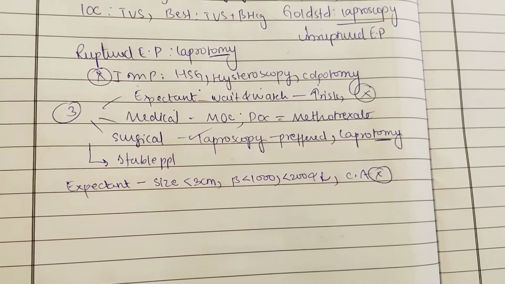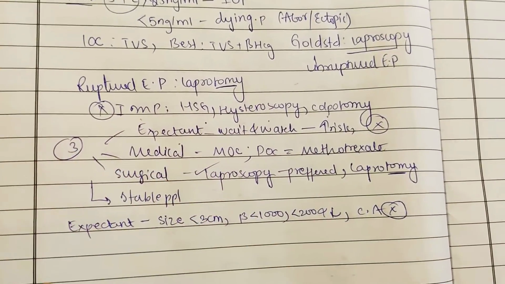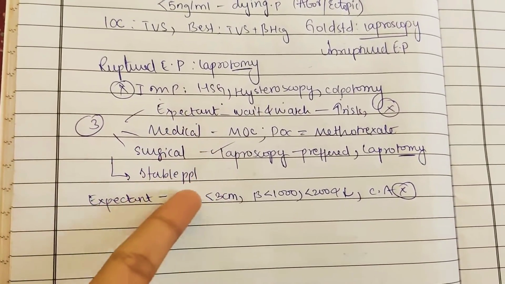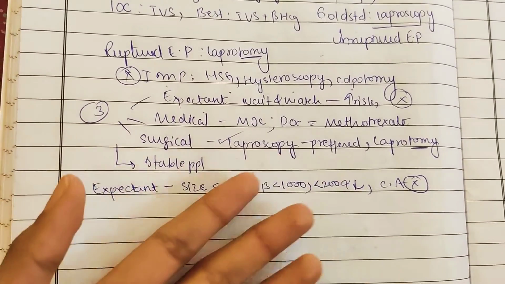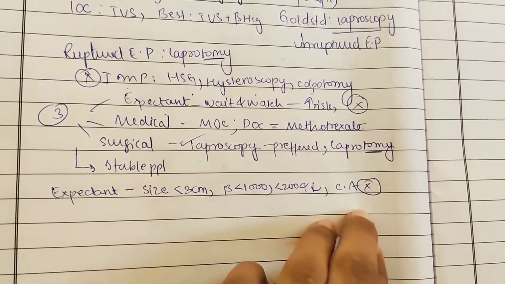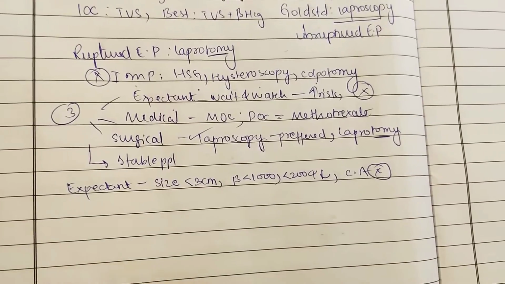So only in these cases do you do expectant, because expectant is nothing but wait and watch. You can do this in the case of ectopic less than 3, beta HCG values less than 2000, and no cardiac activity. So even if you wait and watch, nothing will happen to the fetus, it is already dead, right?